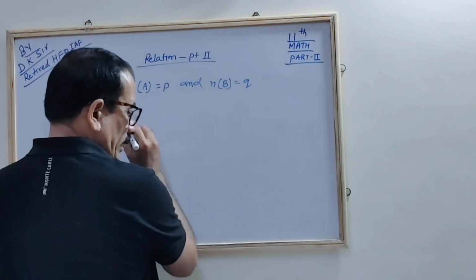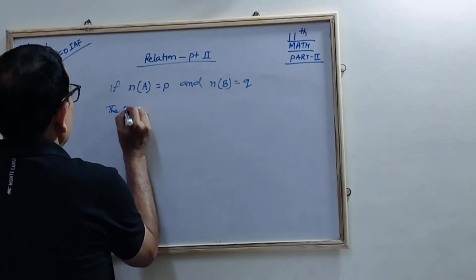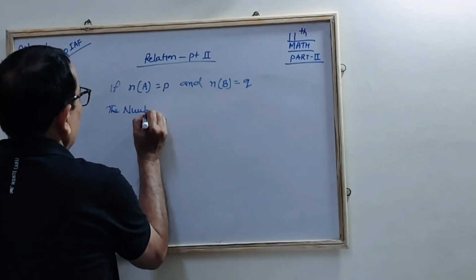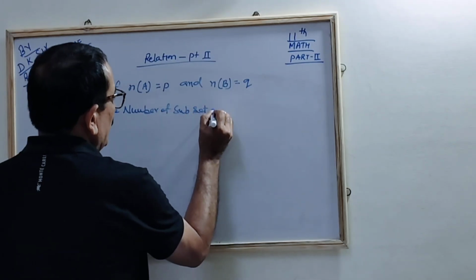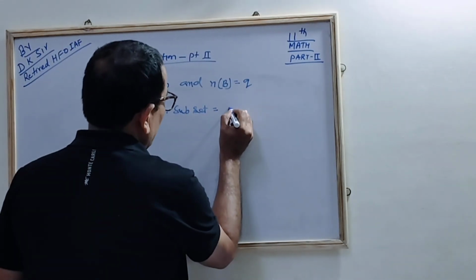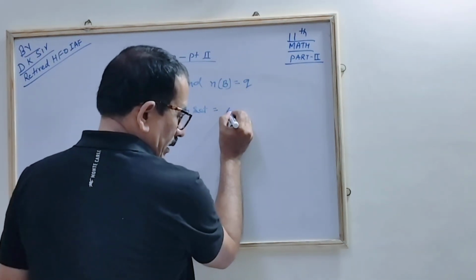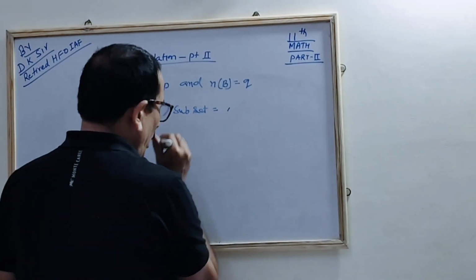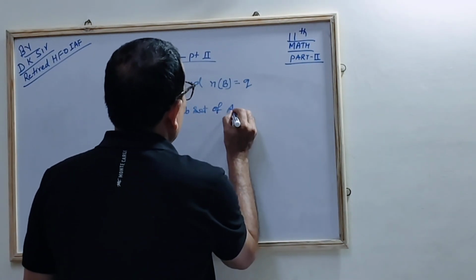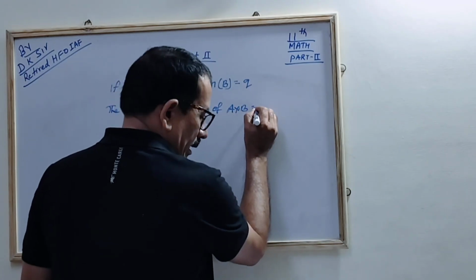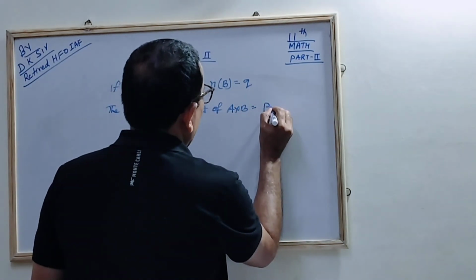Then the number of subsets of A cross B will be equal to p into q.